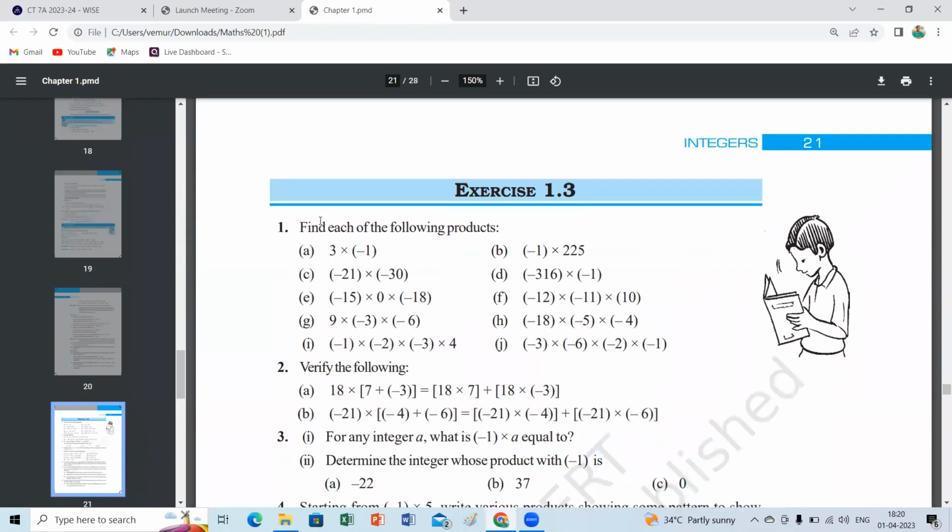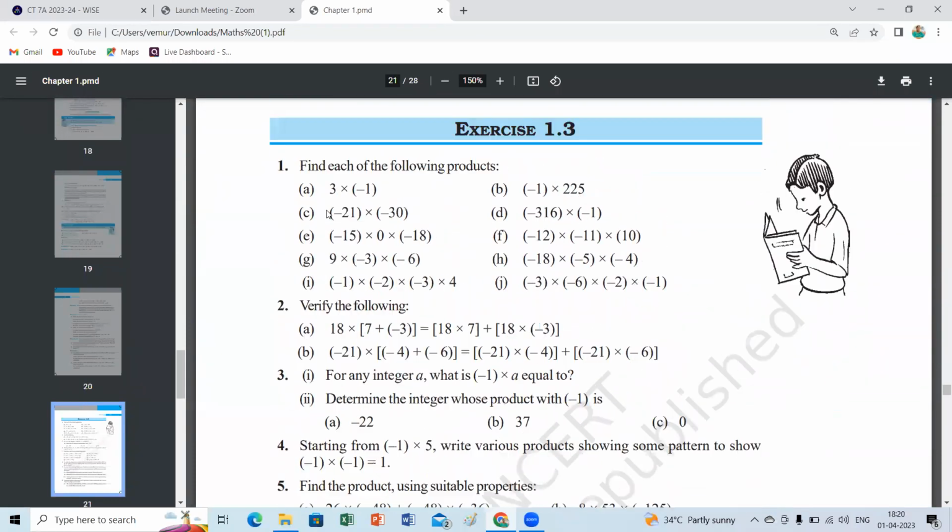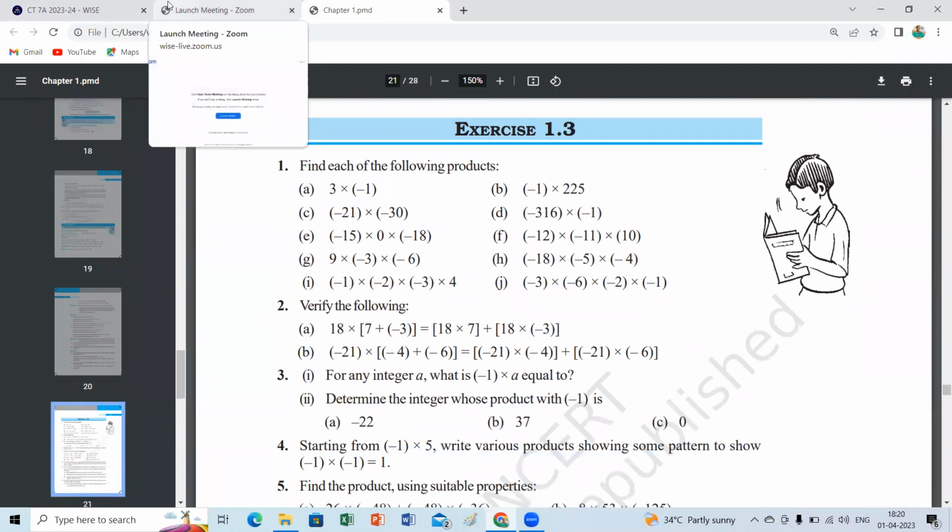Right, Varshit. See the exercise question directly. We'll start with the exercise so that we can write the generalized statement before going to the multiplication part.